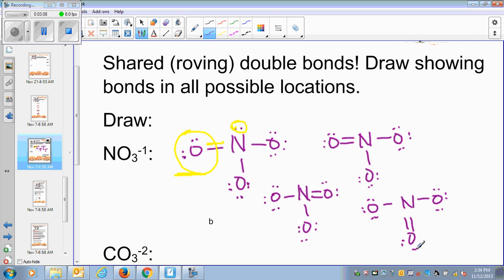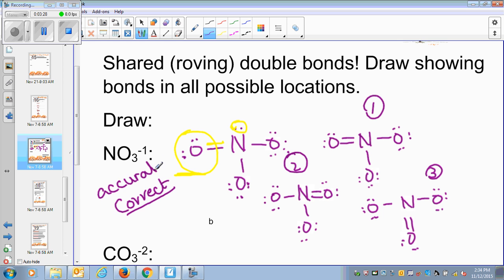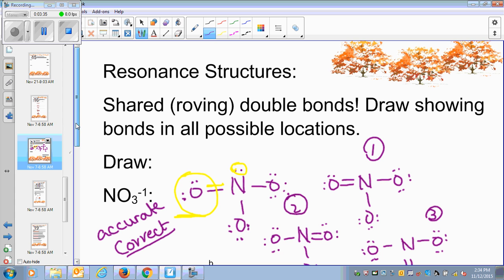So you see that it is possible that those electrons are revolving. So it is possible to have this dot diagram of nitrate, this dot diagram of nitrate, or this dot diagram of nitrate. All of these are correct, or accurate. When you have multiple accurate dot diagrams, or Lewis structures, we call them resonance structures.